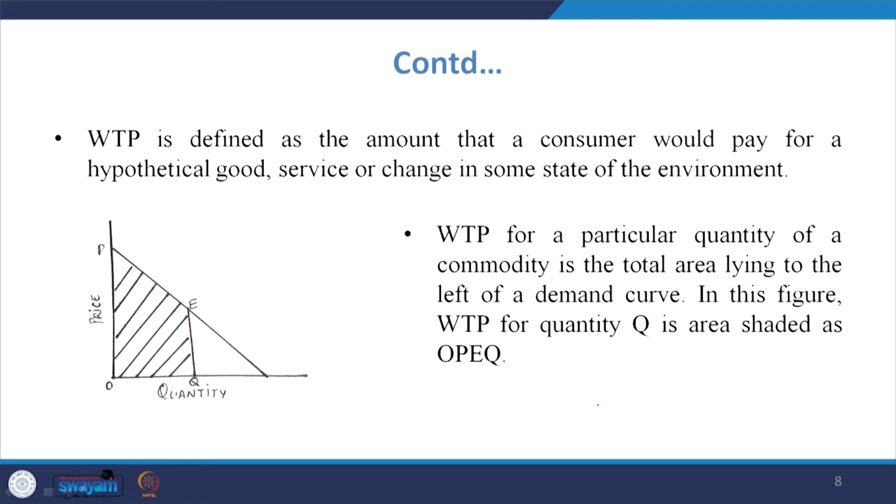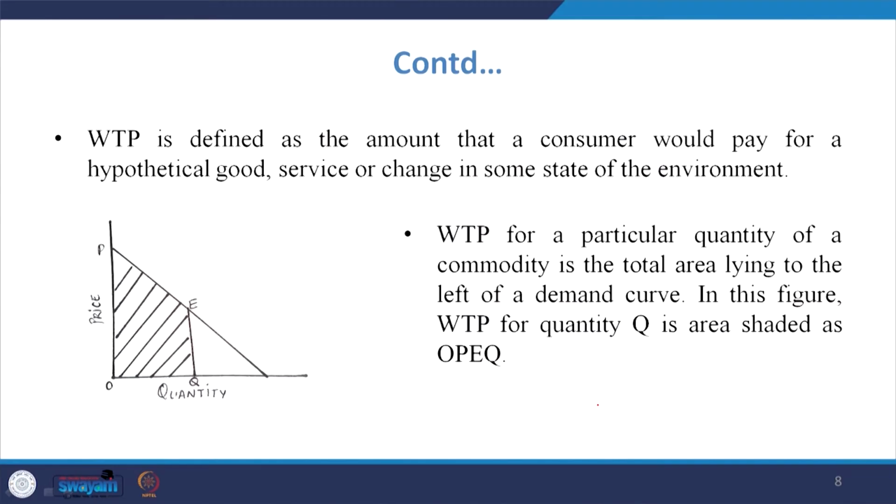As I already discussed, if the quality of water in the river is improved, how much the consumers are willing to pay. That willingness to pay can be represented by a graph like this.